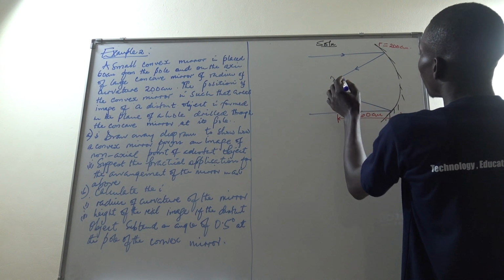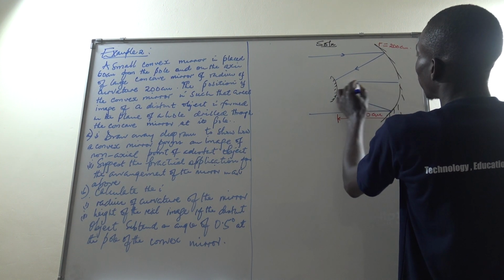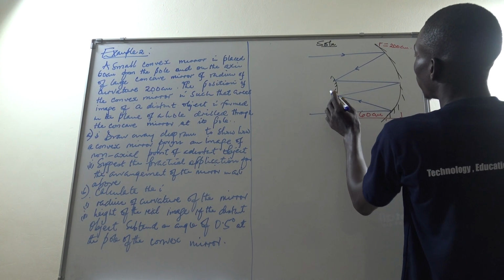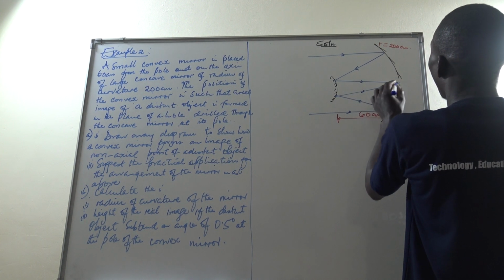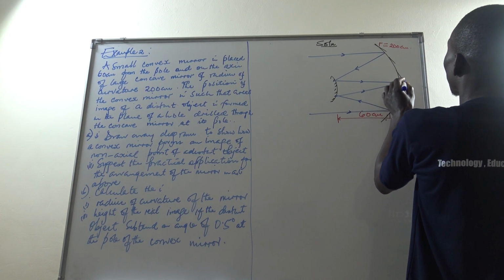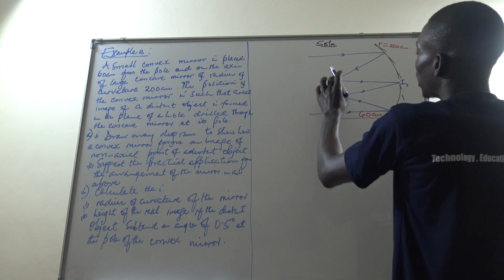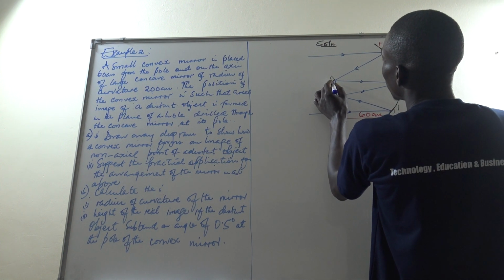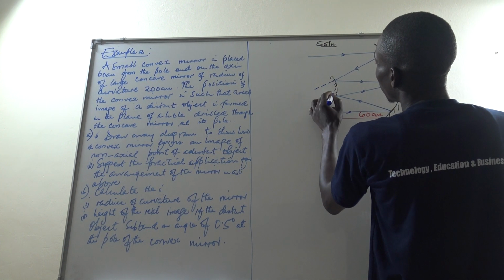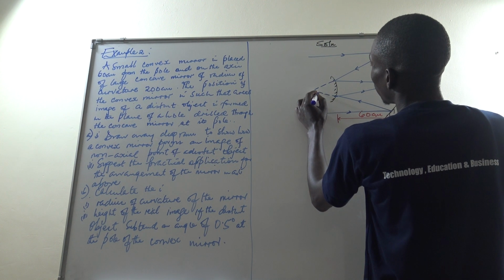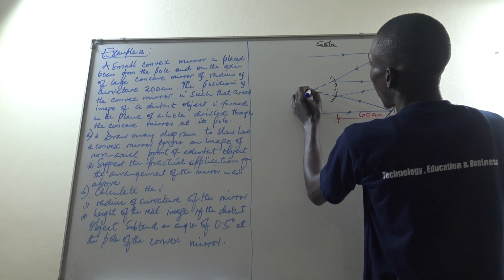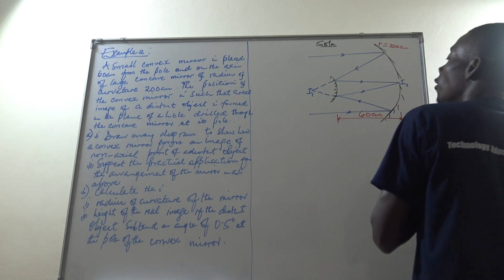Okay? And now from here it is reflected to form the final image I2 here. But in absence of this one, the rays would meet at a point here. That's where our image would be formed.